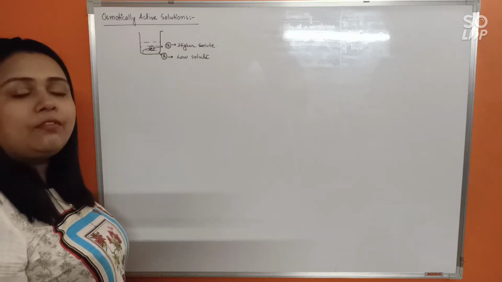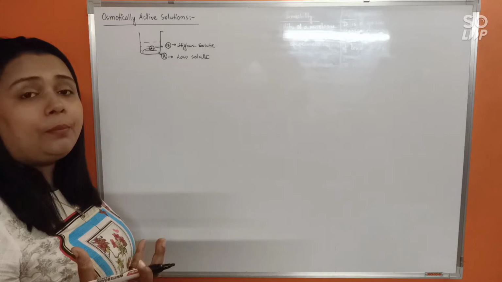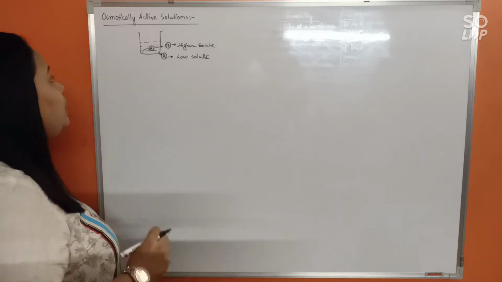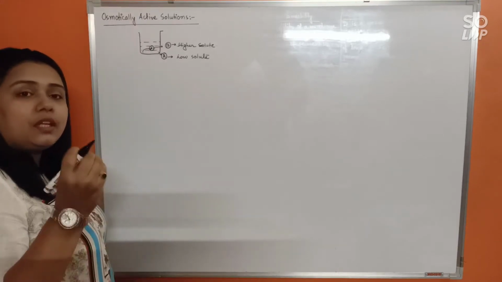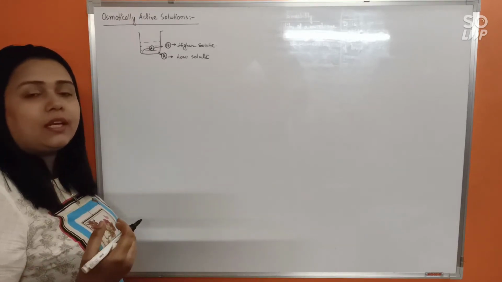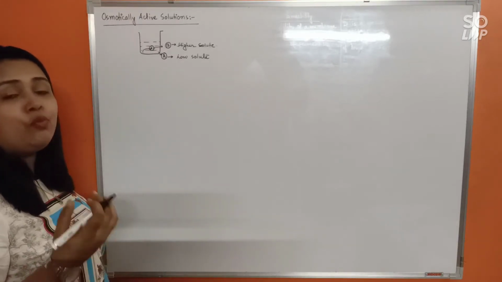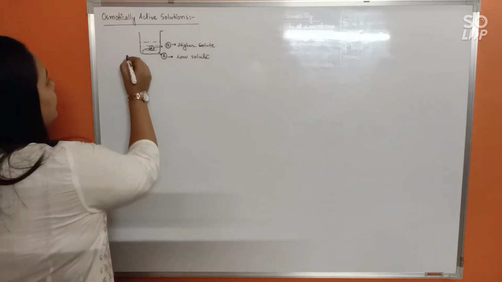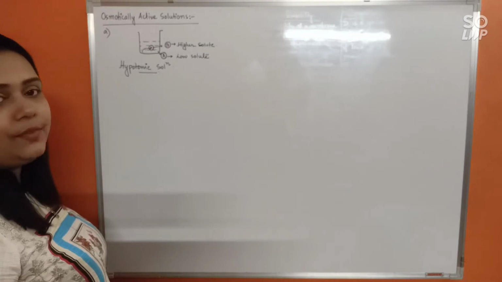And in no time, you will find that the animal cell will swell up and eventually burst. So, such a solution in which the solute concentration is lower in comparison to the cell cytoplasm, where an animal cell would eventually burst, would be known as hypotonic solution. Alright. This is one of the osmotically active solutions.